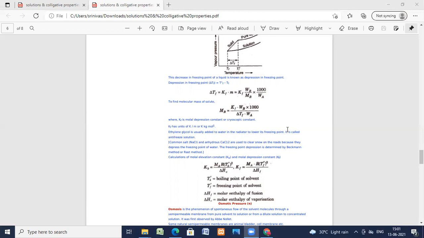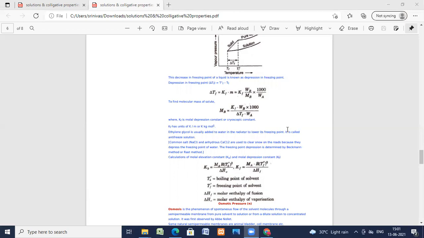This is an application because it depresses the freezing point of water. Once you spray NaCl and anhydrous calcium chloride, the freezing point decreases, so the snow turns into water and the roads get clear. That is an application part.